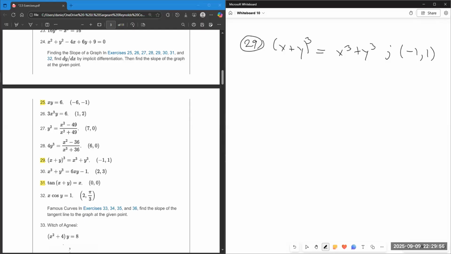We're going to differentiate implicitly. 3 times x plus y quantity squared times 1 plus y prime is equal to 3x squared plus 3y squared times y prime.